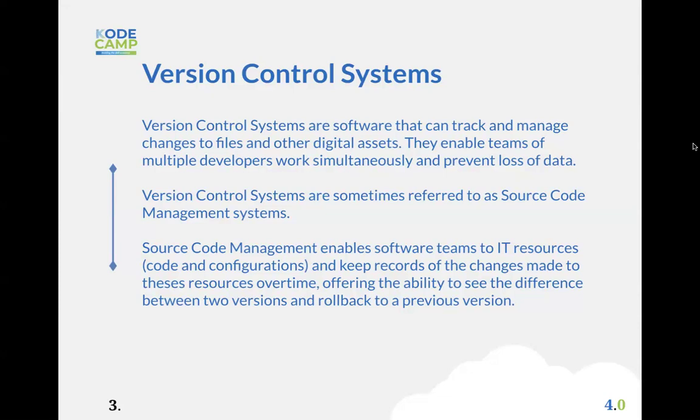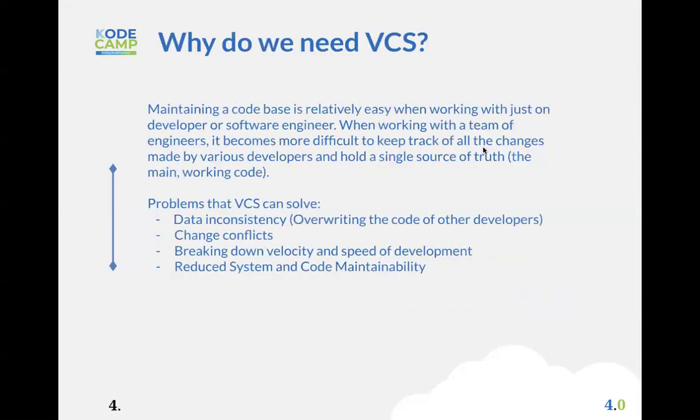That's what we know as source code management systems and version control systems. Version control systems are important because they help to manage and maintain the code base and enable developers to seamlessly work together. A large team can be on the same page when it comes to their source code and their tools.